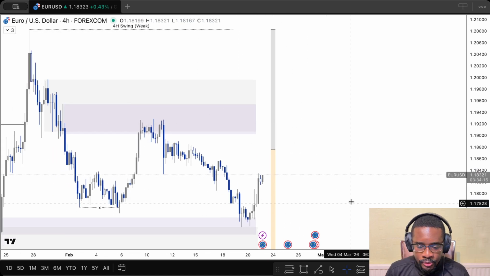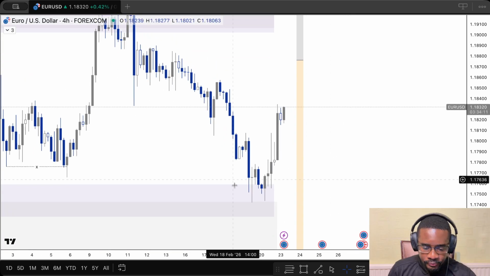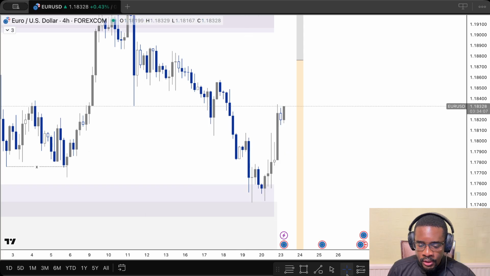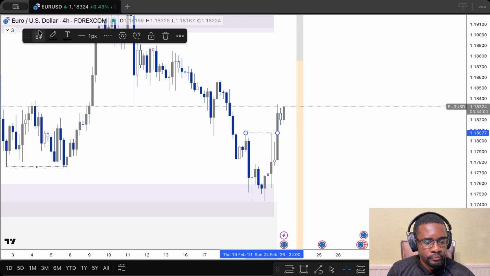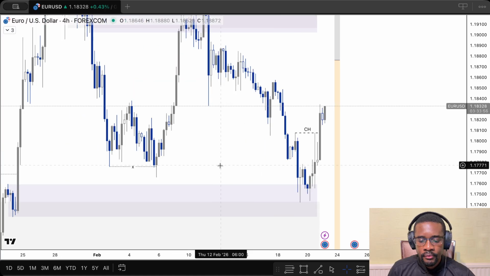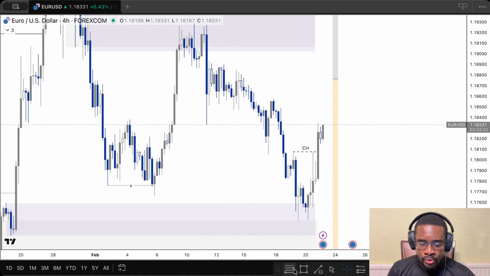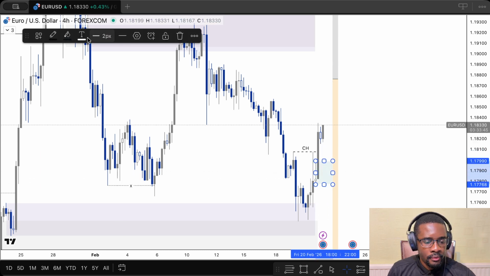From a substructure perspective, this was the last low. This is where we've had our change of character on the 4-hour. So that means we do have fractal demand right there.